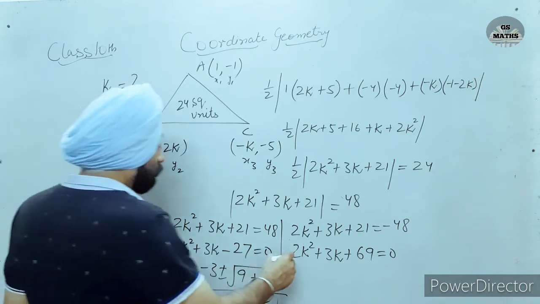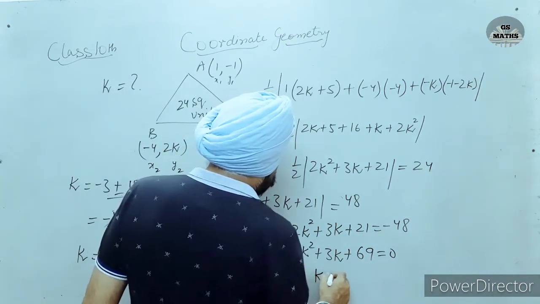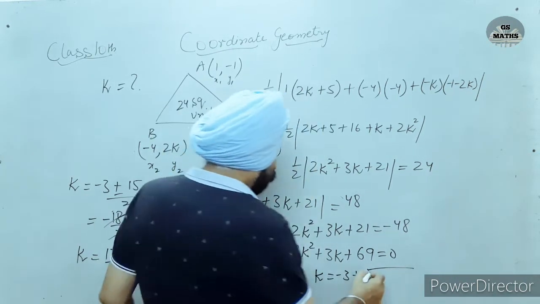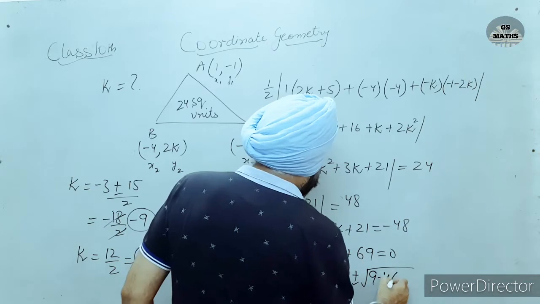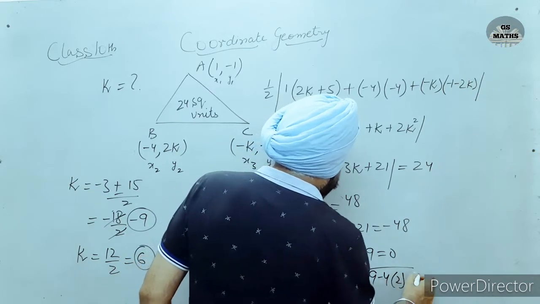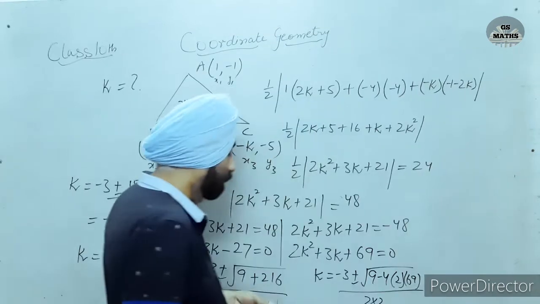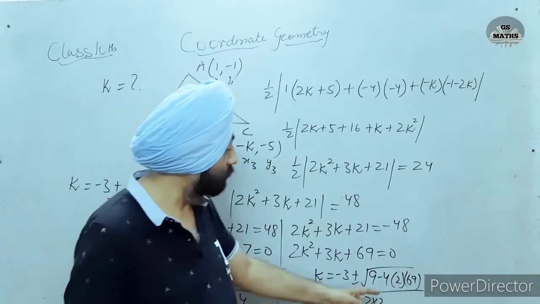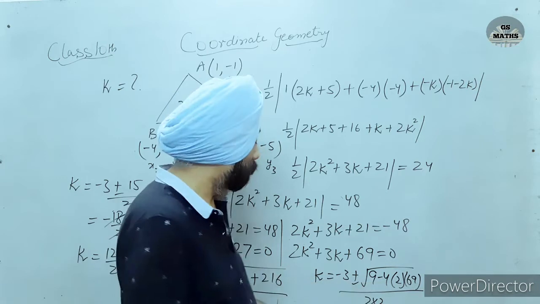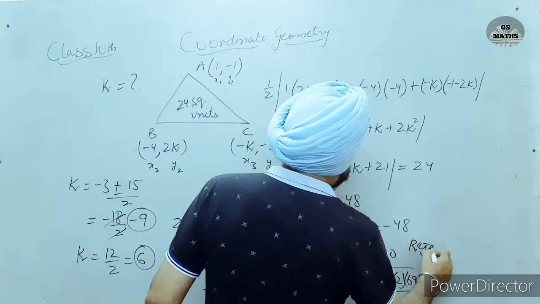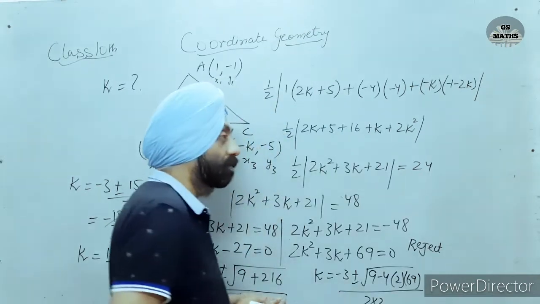I can simply solve this also. Say k equals minus b plus minus under root of b square minus 4ac upon 2a, that is 2 into 2. But this discriminant is negative, so this case is rejected. We reject this case. Why? Because it will give us imaginary values.